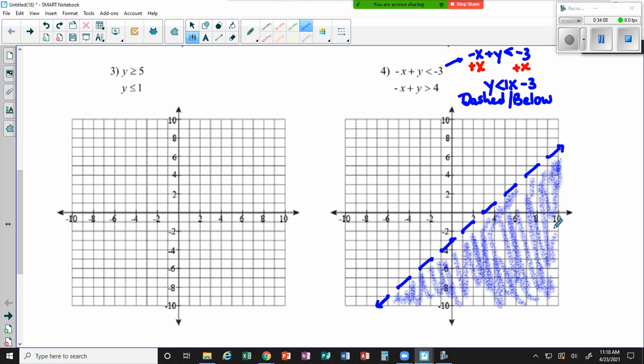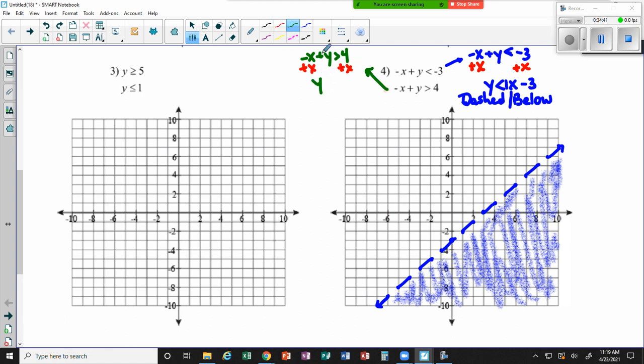Now, next one. So, how do I solve this one? For y. Add x. Yeah.